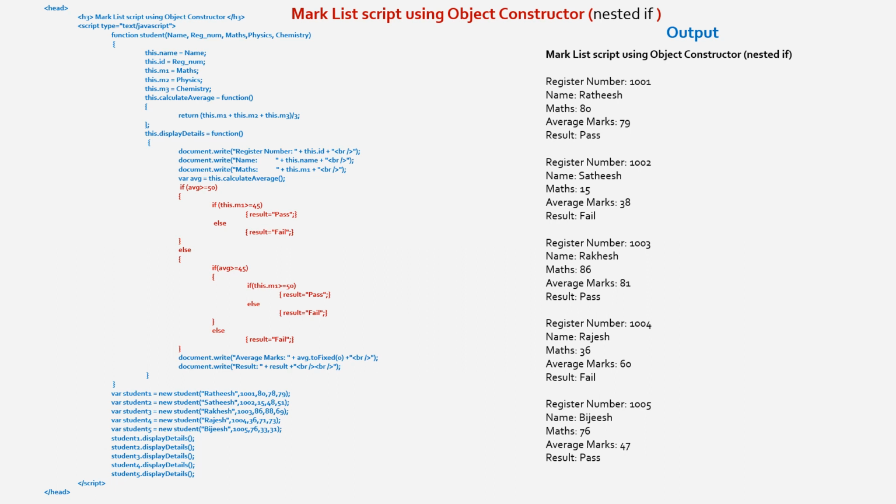Else fail. Else means the mathematics marks is less than 45. Then he has failed, even though he has more than 50 average marks. That is what this means.